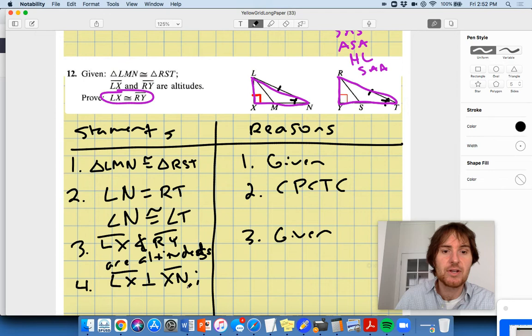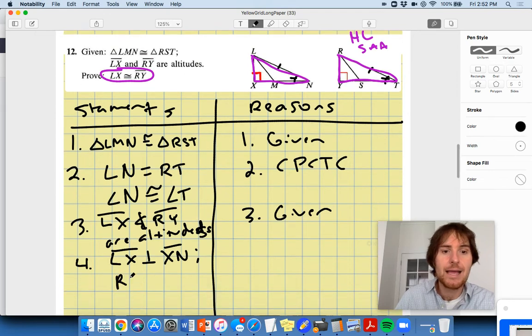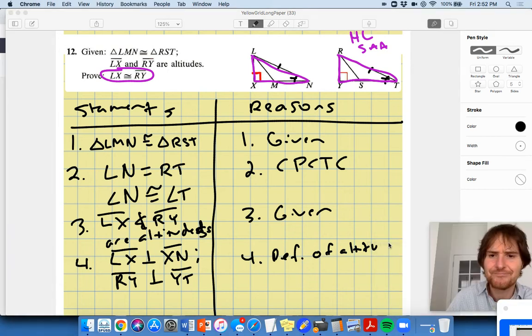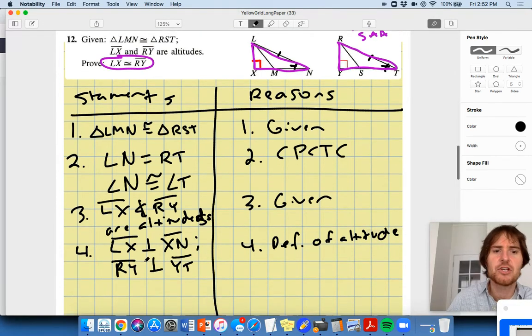And I'm also going to know that RY is perpendicular to YT. And that's the definition of altitude. Okay, definition of altitude. It means a segment that's perpendicular to the side opposite that vertex where the altitude is drawn from. It's wordy. There are so many words and numbers in geometry. Okay, so now we know those are perpendicular.